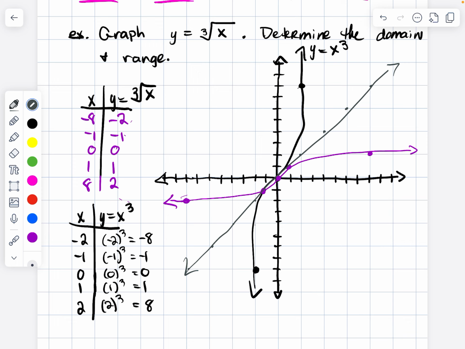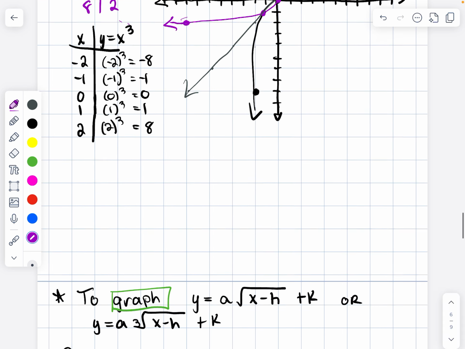And that's with any function and its inverse. So there we are. What's in purple is the graph of y equals the cube root of x.